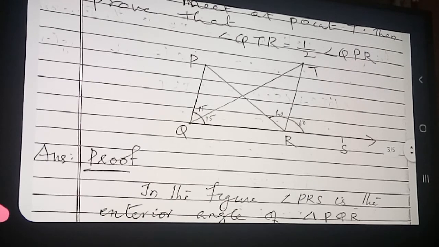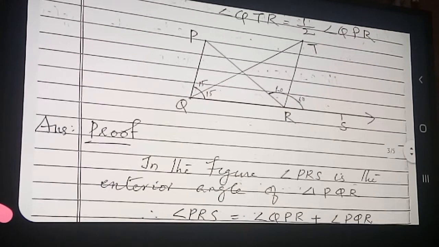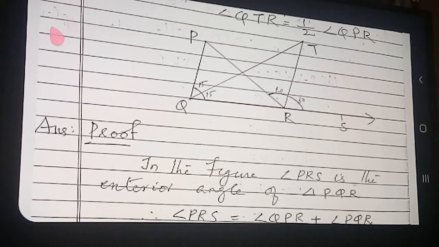Now listen point by point properly. I told you it is just like a theorem type. There is a little complication, but listening properly you will get it. See here, in the figure, angle PRS is the exterior angle of triangle PQR.